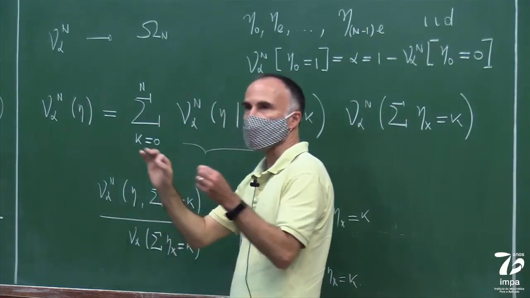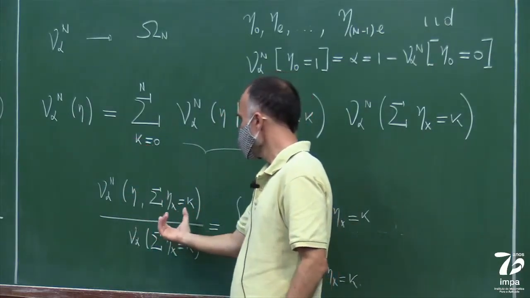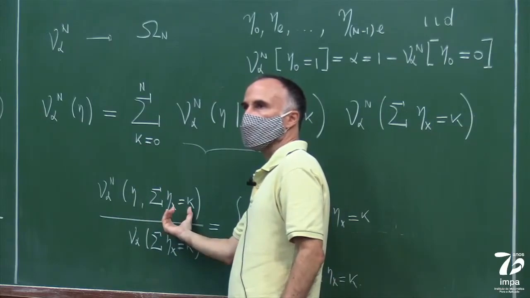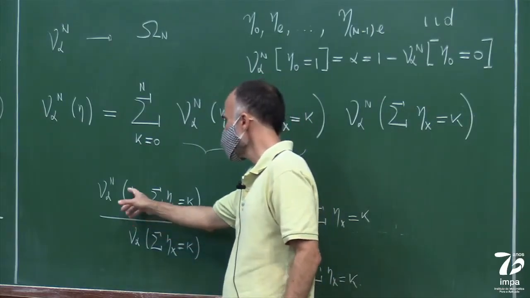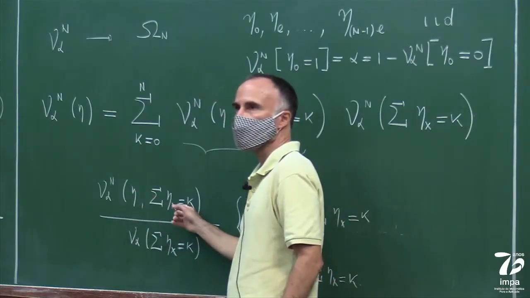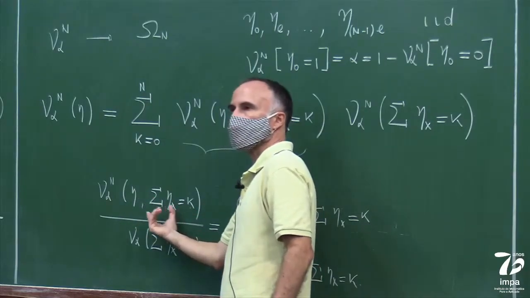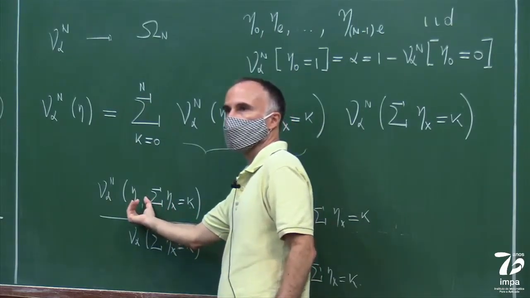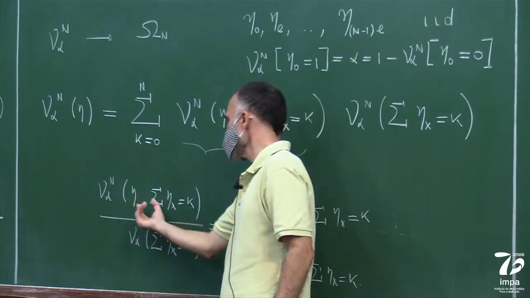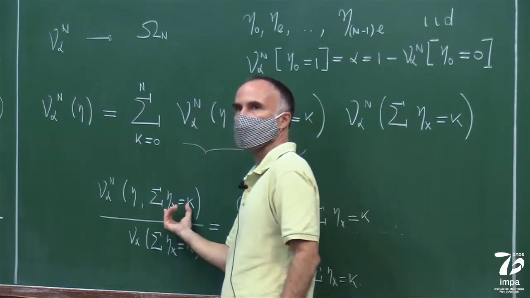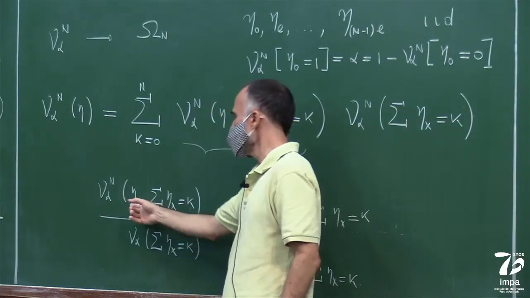So I consider configuration eta, and I want also that the total number of particles is equal to k. If this configuration has k particles, this is just the probability of that configuration. If this configuration has a total number of particles which is different from k, the intersection is empty.